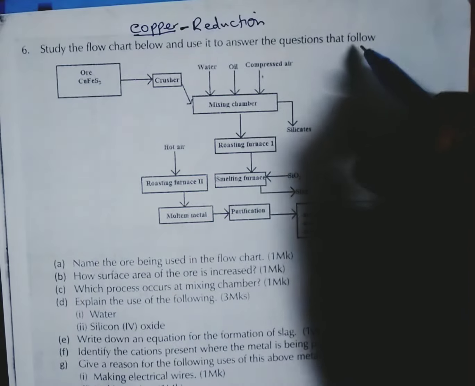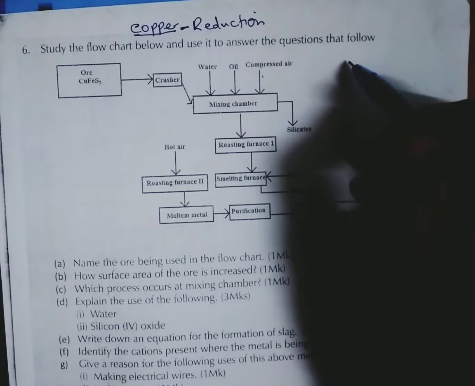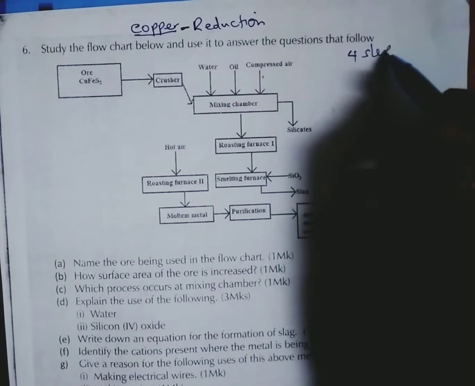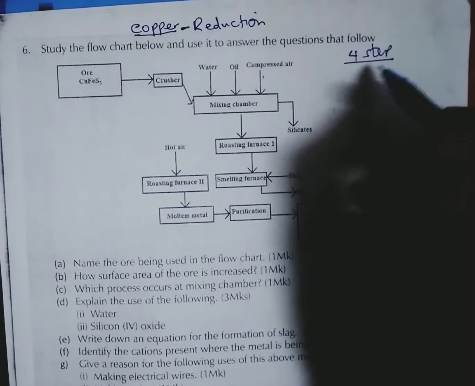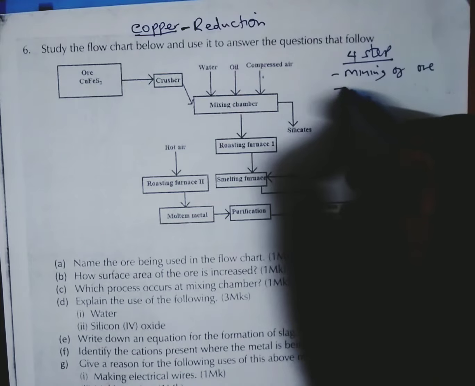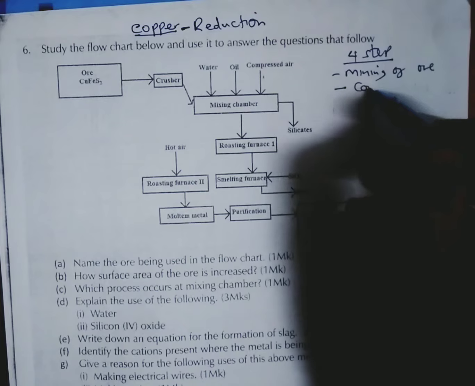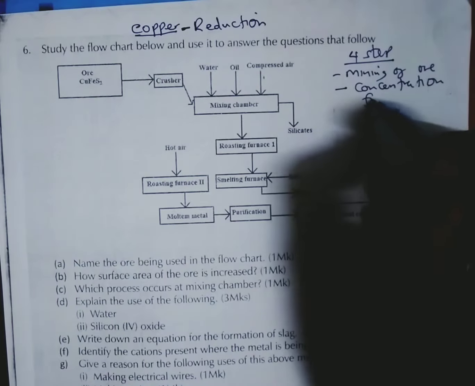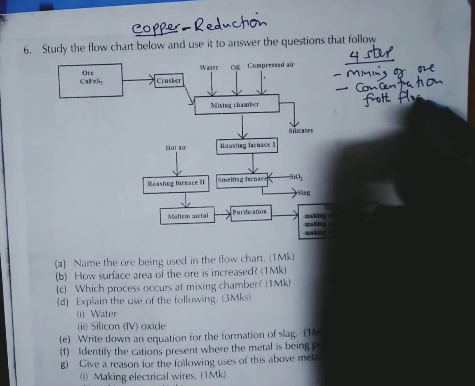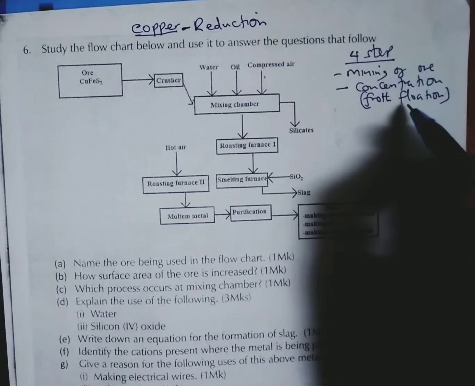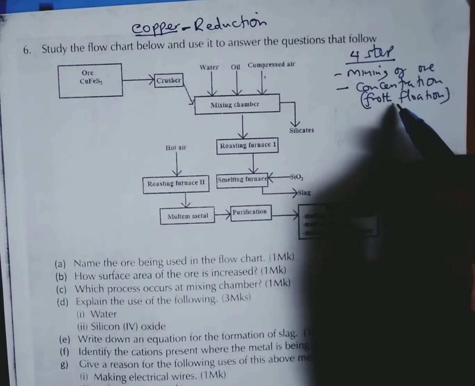Remember, the whole procedure of extraction of metals takes about 4 steps. And the first step is where we do the mining of the ore. After mining the ore, we concentrate the ore by a process known as flotation. This is where the crushed ore is mixed with water and oil.